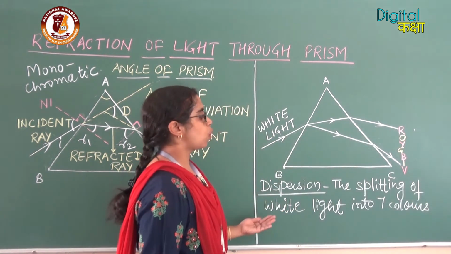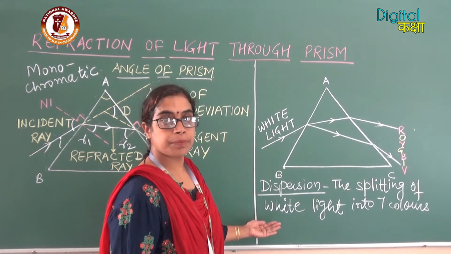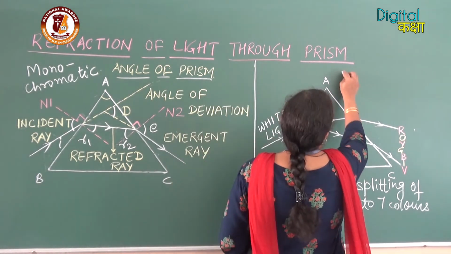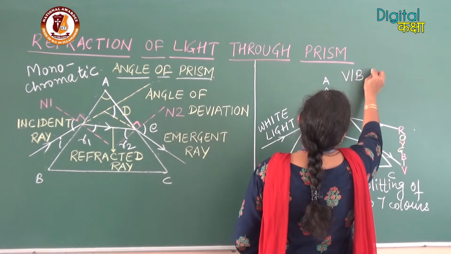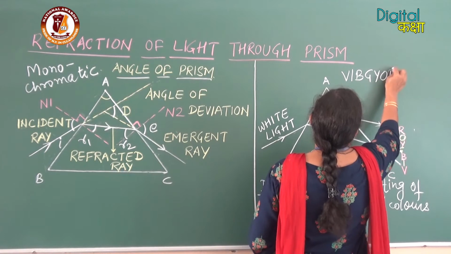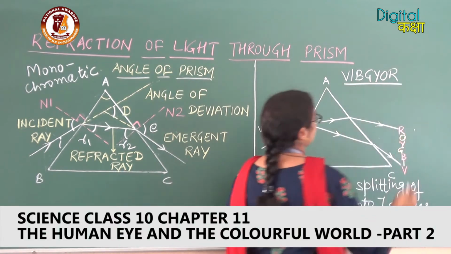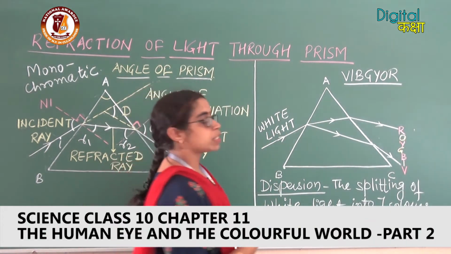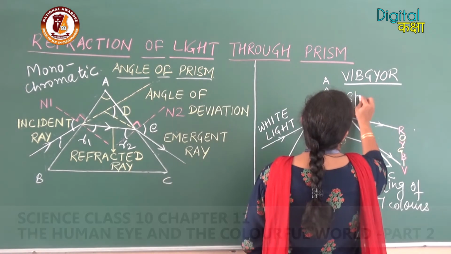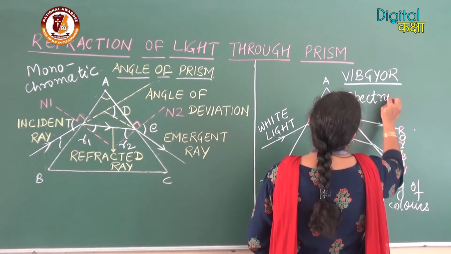This process is called dispersion, and the band of these 7 colors in the sequence VIBGYOR, which is obtained, is called a spectrum.